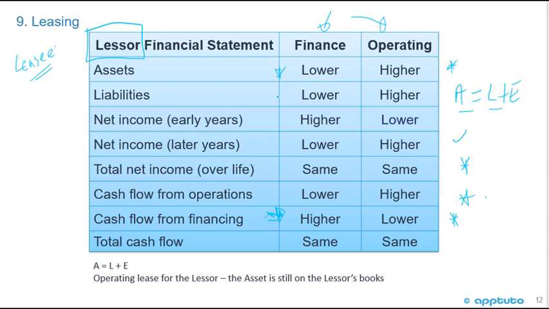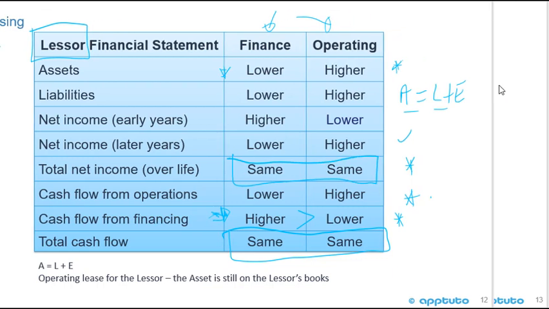The lessee has the asset, and I'm getting back my interest and my principal, so my cash flow from financing is going to be higher than on an operating lease where I'm just collecting a rent payment. And again, it's the same story that the total cash flows over the 4 years is going to be the same, okay? And the total net income over the life is going to be the same. It's just going to be a timing issue.